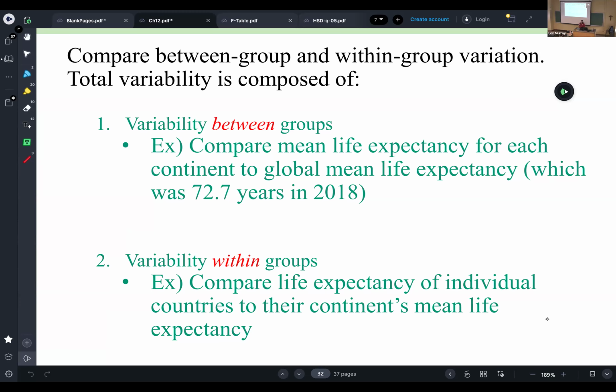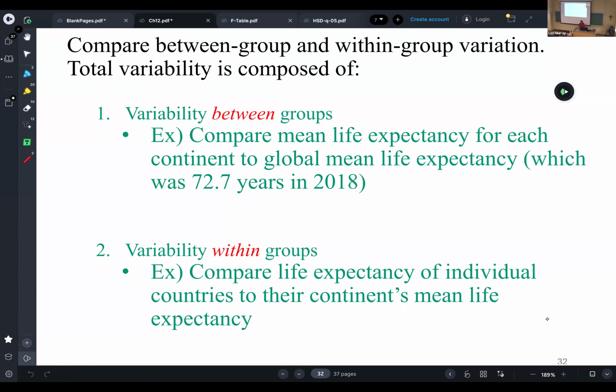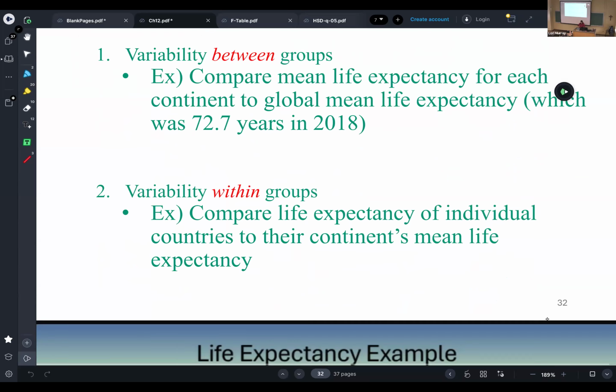So those are your 2 sums of squares. Right, we compare the between group and the within group variation. So between groups is between the continents, and within groups is within the continents.